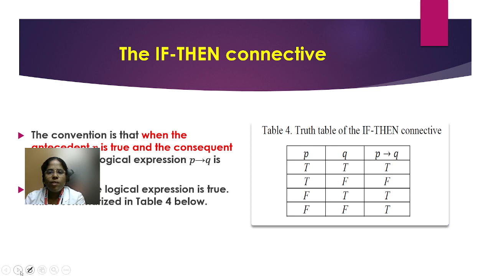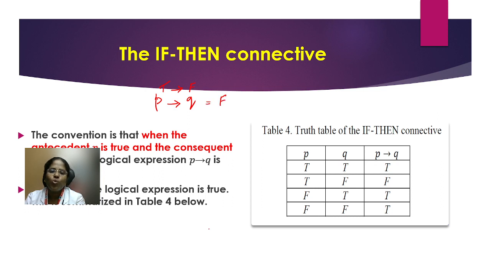I am going to explain the if-then connective through a truth table. The convention is that P is your antecedent and the consequent is Q. If P is true and the consequent is false, then only P implies Q is false.